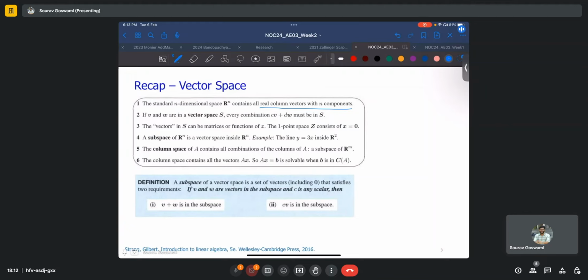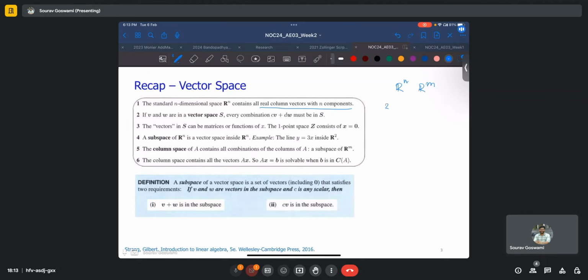Yes. So the standard n-dimensional space Rn contains all real column vectors with n components. In fact, last week we had a discussion where whenever I'm denoting, say, a real vector space by this letter R, and it has this superscript over it, what does the superscript even mean? So it turns out this is the number of dimensions.